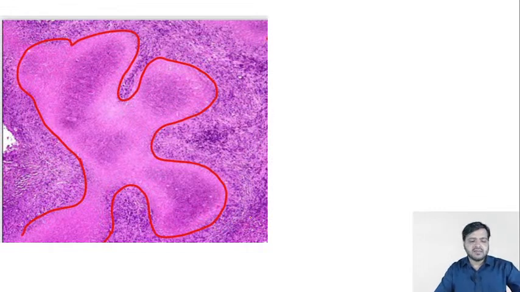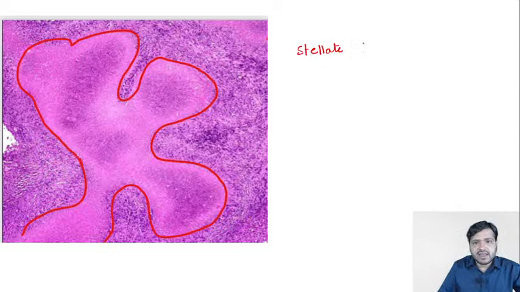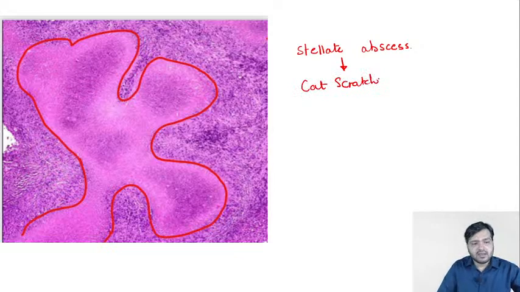Coming on to the next, guys, this is the stellate abscess. You can very well appreciate that this particular abscess is more prominent, it is seen in cat scratch disease, guys.